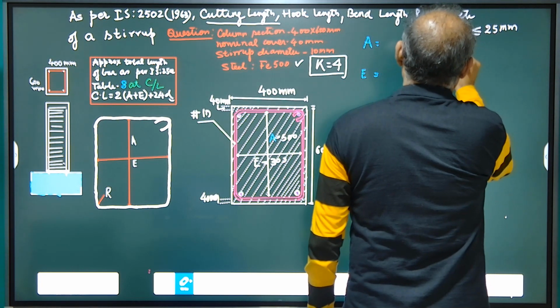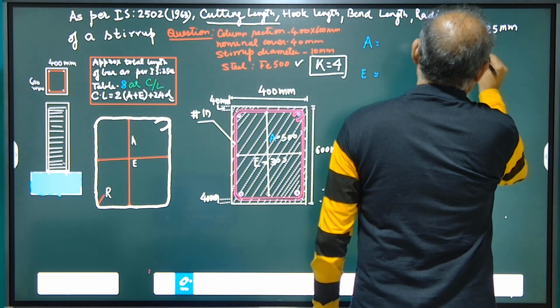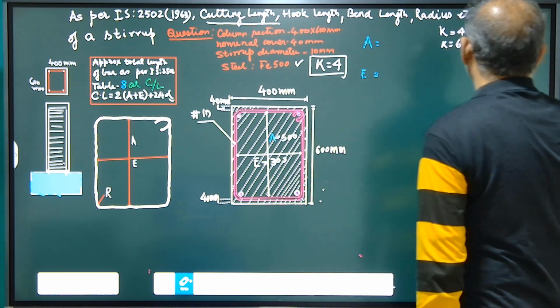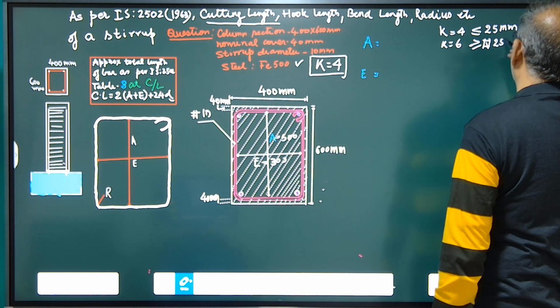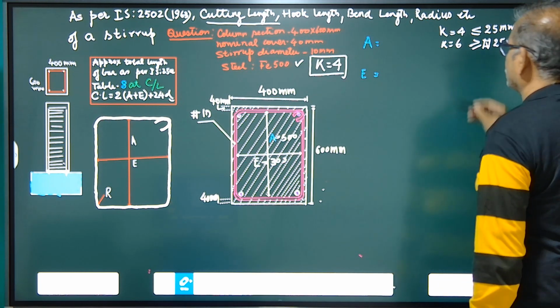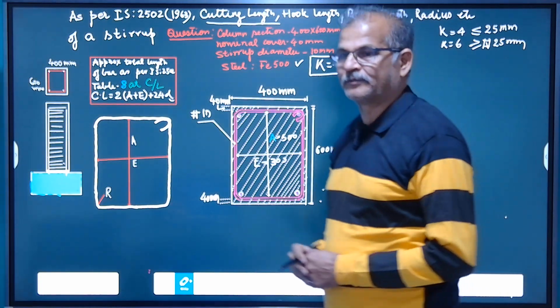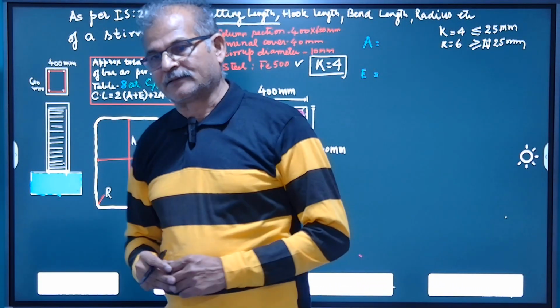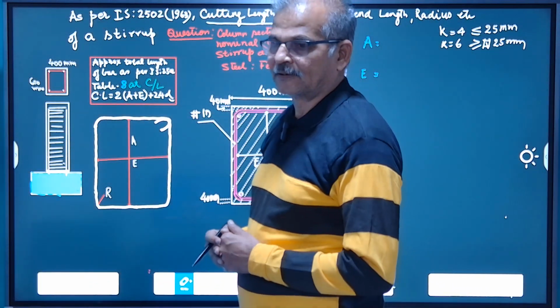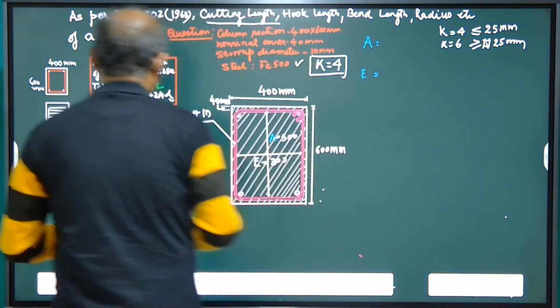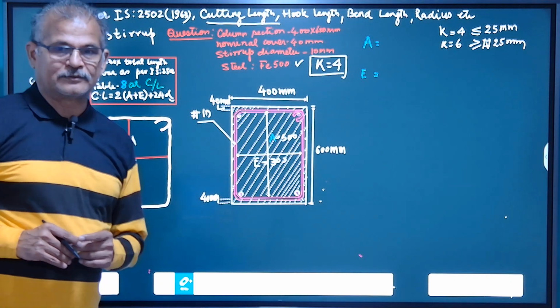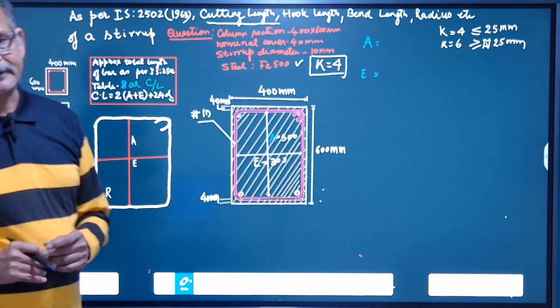K value will be 6 for steel of dia more than 25 mm. So this K equal to 4 will be utilized in these calculations.